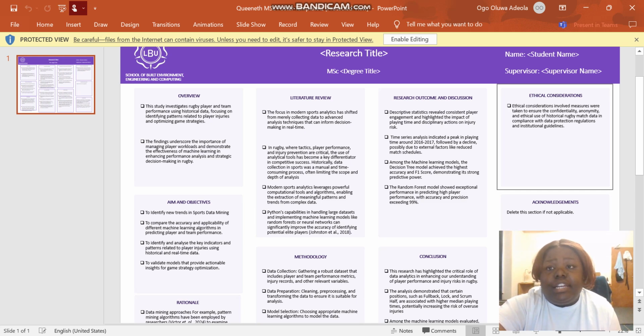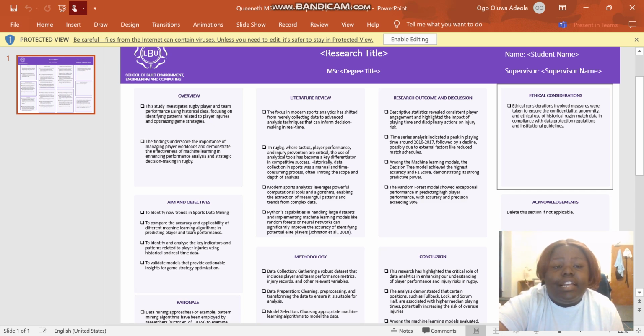After splitting my data into the training set and the testing set, I then went ahead to use various machine learning models such as logistic regression, SVM, random forest, decision tree, and MLP to train the data.